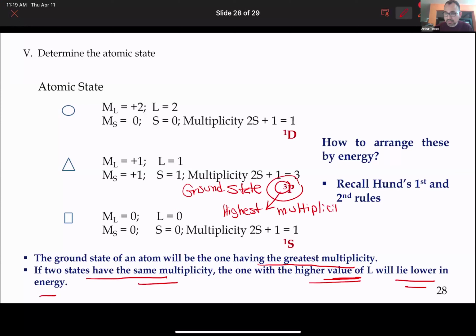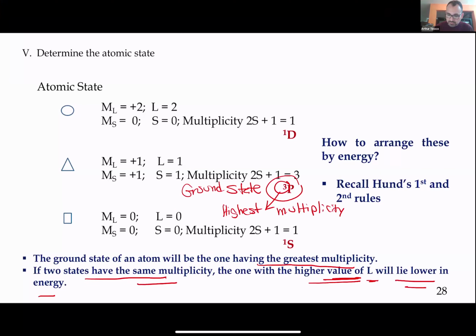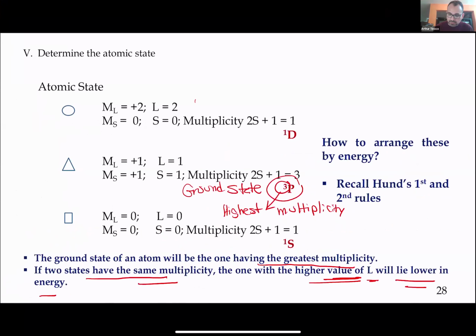Then how do we distinguish between the other two? We distinguish them based on the value of L. So we have L equal to 2 and L equal to 0. The highest L will be this one right here, and so that's going to be the next highest in terms of energy.